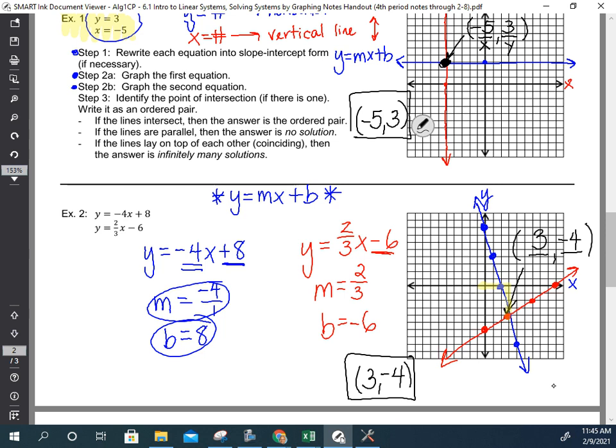And that's your answer. Don't write exactly one solution. If they meet, I want to know where they meet. They cross, tell me where they cross.